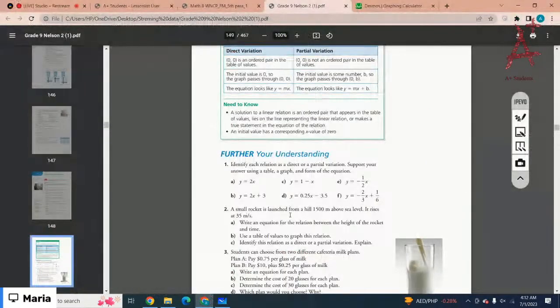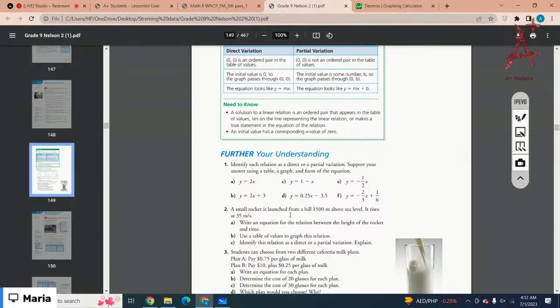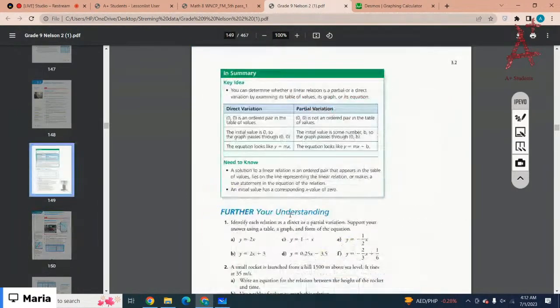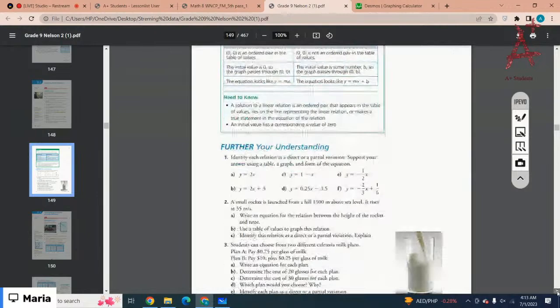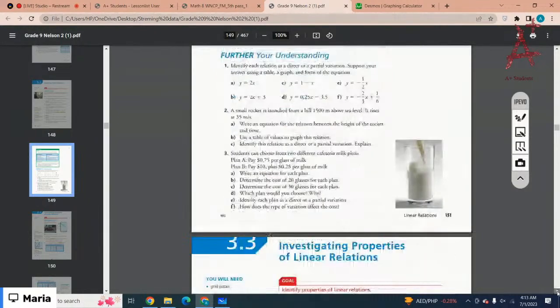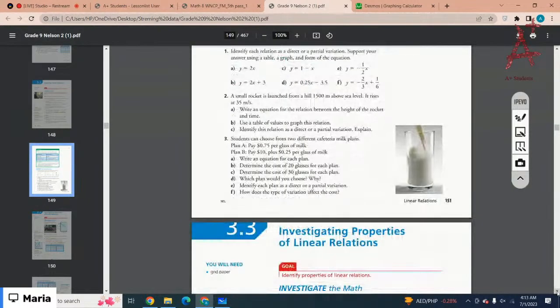Okay, the next one is question number 3. Question number 3 is students can choose from two different cafeteria milk plans.